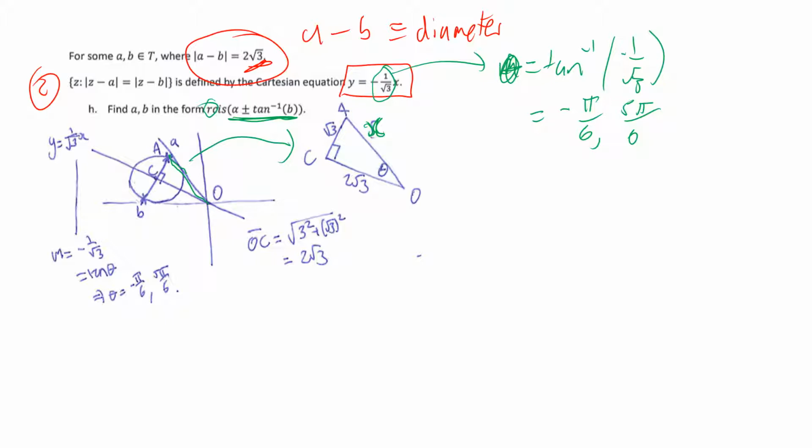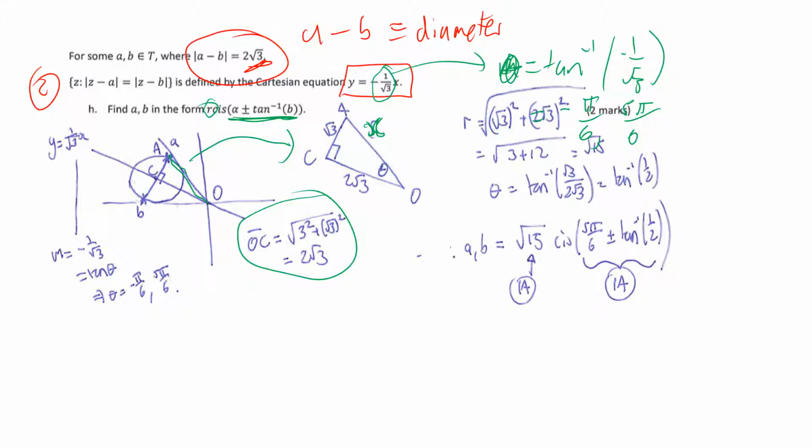Therefore, AO is, oh no, there it is. There's the length of OC calculated. So AO is just quite simply obtained via Pythagoras. Let's just clear off some of that working out for your benefit. And we arrive at a value of √15.